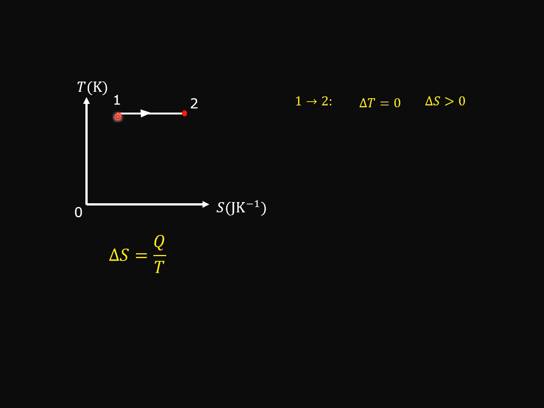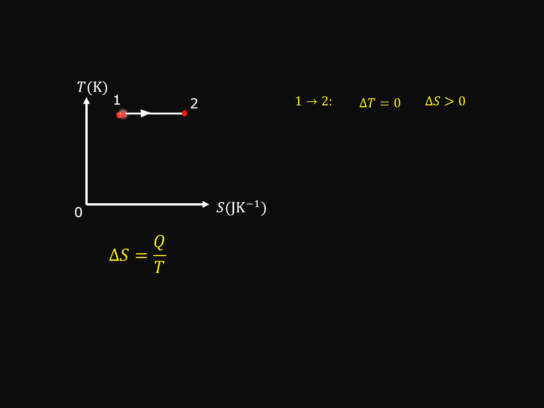So if we start from a point here that represents state 1, we should draw a line that extends to the right. This arrowhead indicates the direction of the process, the direction of the change of the entropy, which is increased to state number 2.